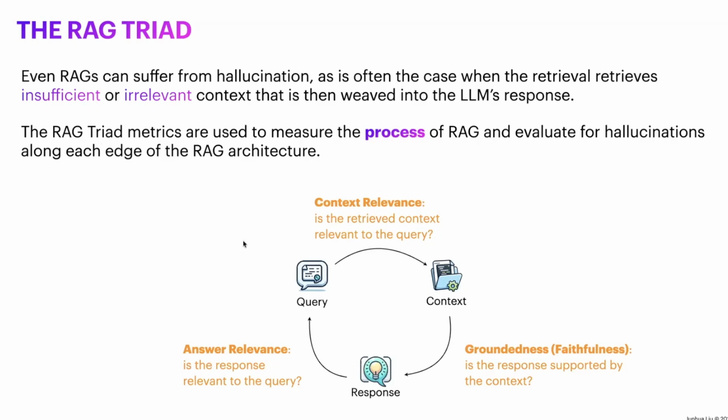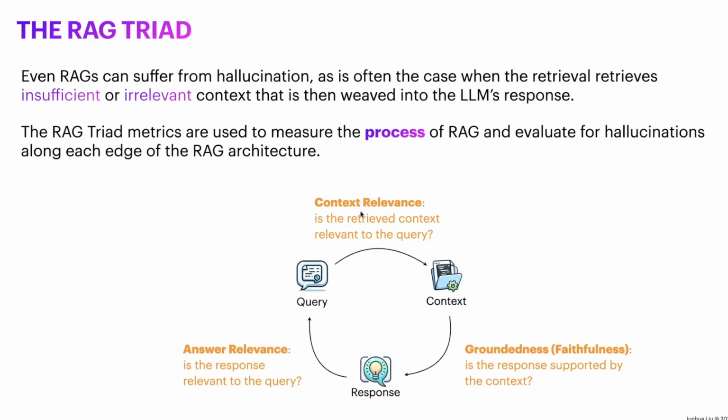The triad is designed to measure the convergence among the components to evaluate hallucination in the process of a RAG system. Here, we have three main components: context relevance, groundedness, also known as faithfulness, and lastly, answer relevance. Context relevance essentially measures whether the retrieved content is relevant to the query.